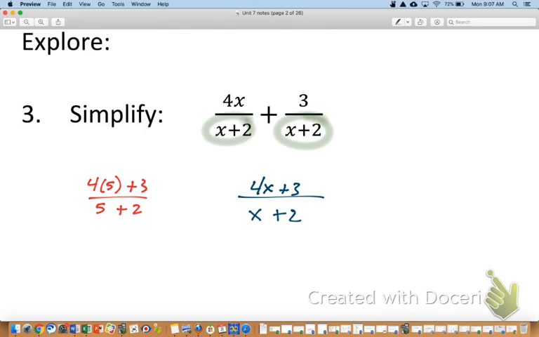What I'm trying to show you is a numerical approach for understanding why you can't cancel. Do you see how I've created a very similar looking expression just with numbers instead of x's? Yeah. Okay. So if I follow order of operations, what would you guys say the numerator would be here? 23. 4 times 5 is 20, plus 3 is 23. What would the denominator be? 7.